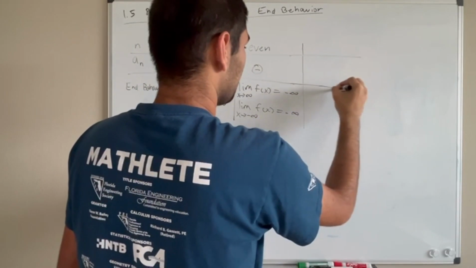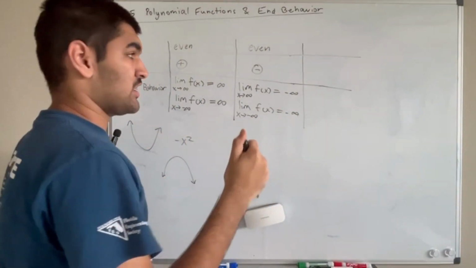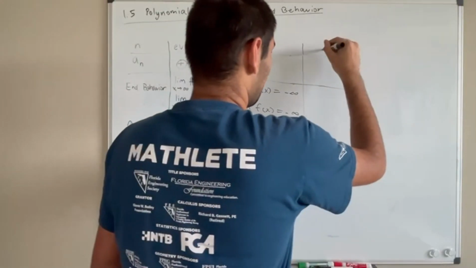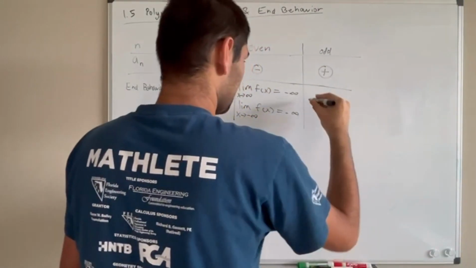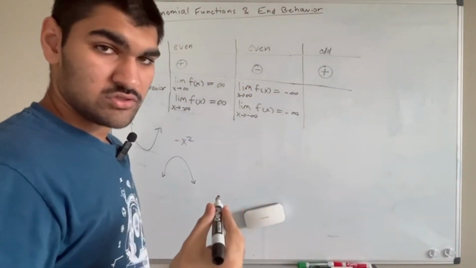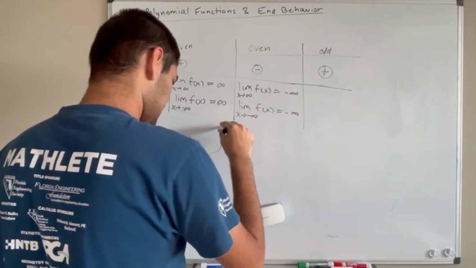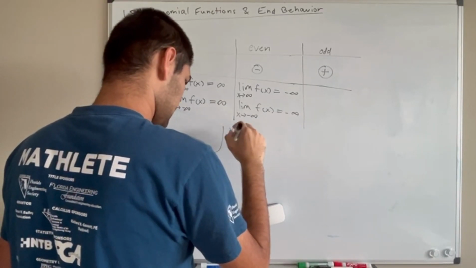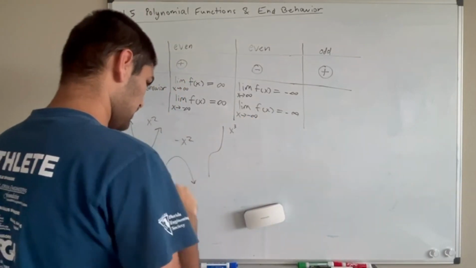So now those are all the cases with even degree. Now let's consider all the cases with odd degree. So now let's say our degree is odd and you have a positive leading coefficient. For this one, you could think of f of x equals x cubed. So that looks something like this. This is x cubed. This is x squared. This is negative x. Okay, good.